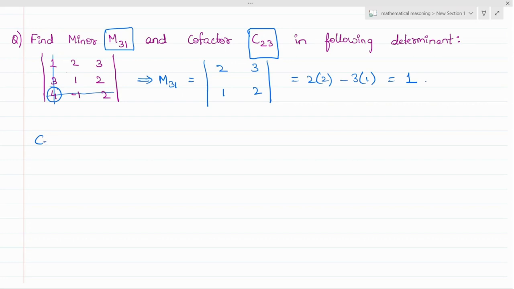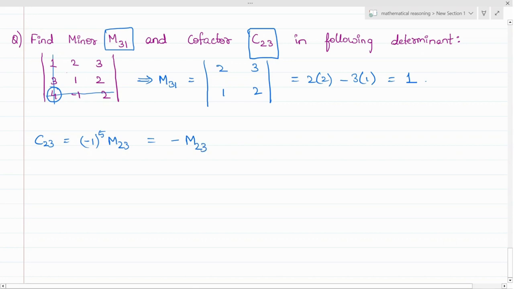Next, how to calculate C23? It is minus 1 whole power i plus j. 2 plus 3 is 5, M23. So it's just the negative of M23. So what is M23 over here? First, let's remove this. So second row, third column. So this is the M23, A23 element.